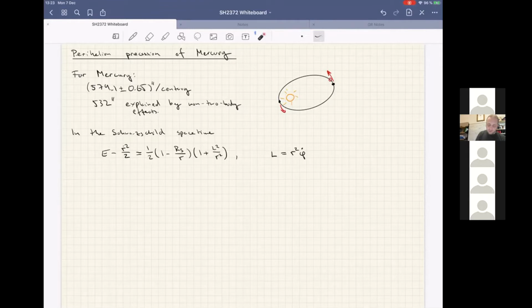So what we can do now is I'm just going to call this V of r for the moment. If we differentiate all of this, what we will get out is basically that r double dot, plus the second derivative of r, is going to be equal to 0.